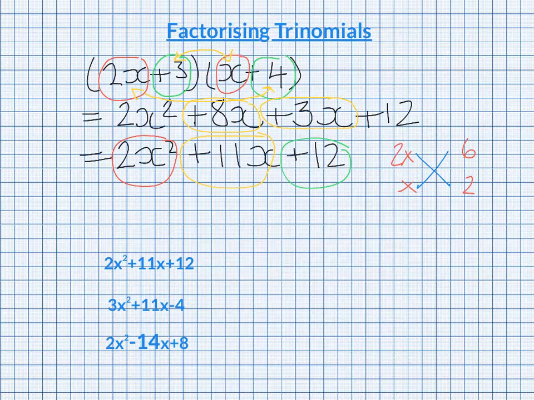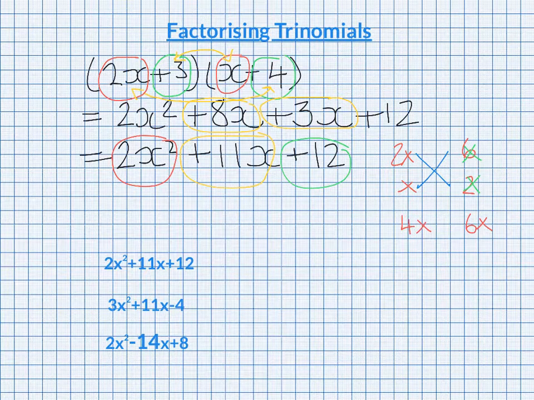So 2x times 2 gives me 4x, 6 times x gives me 6x. Can I add those numbers together to get 11x? No, so that is obviously not the correct answer. So I'm going to discard the 6 and 2 and I'm going to try other factors of 12.